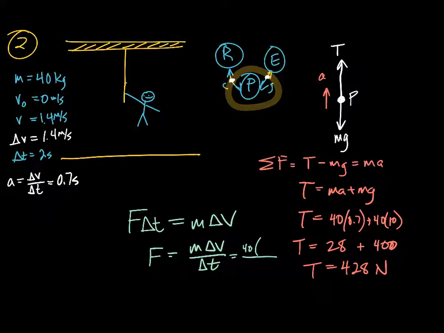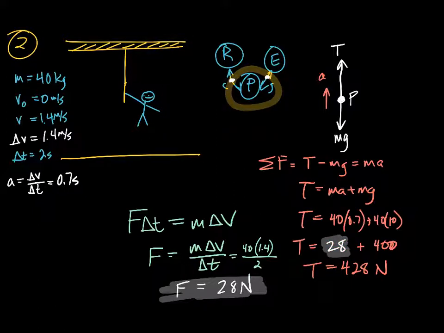That's acceleration. 1.4 over the 2, and I'm going to get 28 out of that, because that's just 40 times 0.7. The reason I'm doing this is I want you to notice that those things are the same thing.